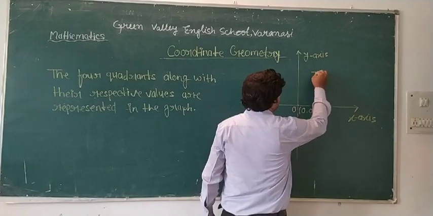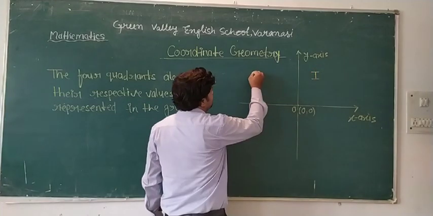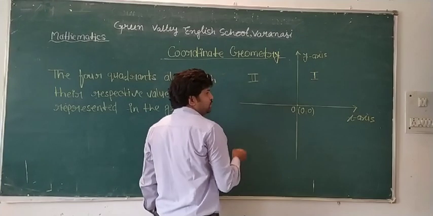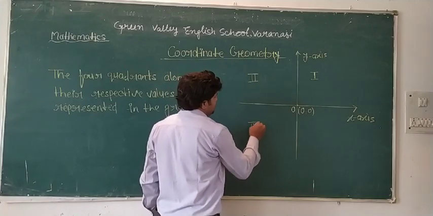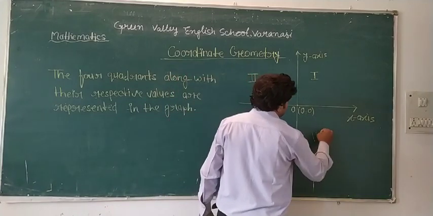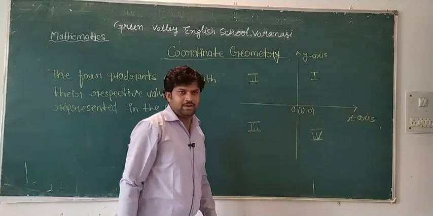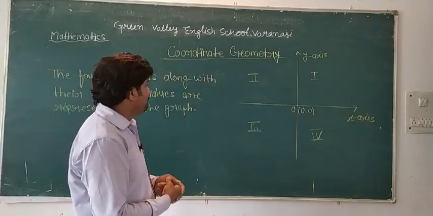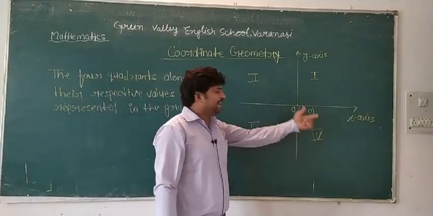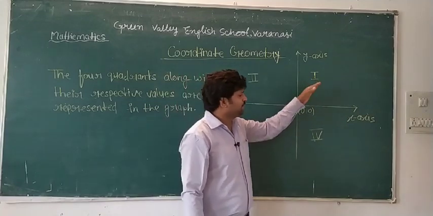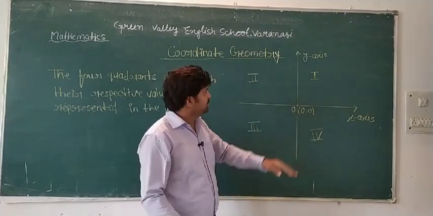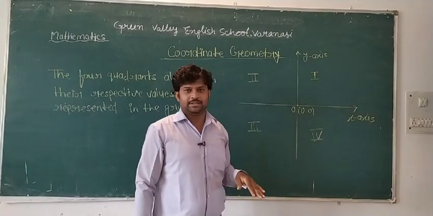This one is the first quadrant, this one is the second quadrant, this part is the third quadrant, and this one is the fourth quadrant.